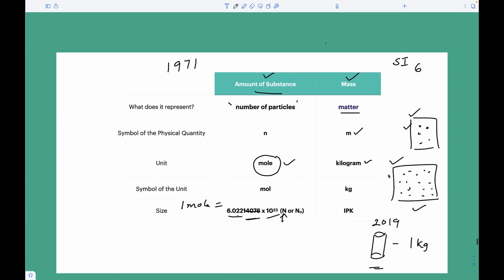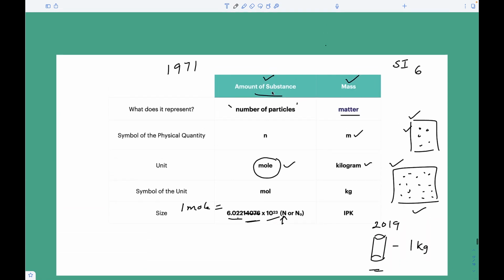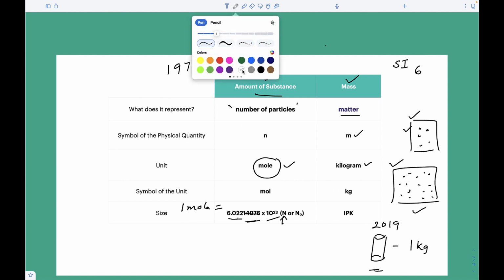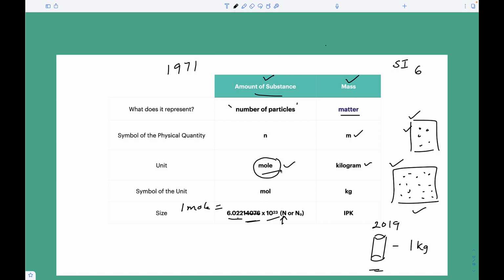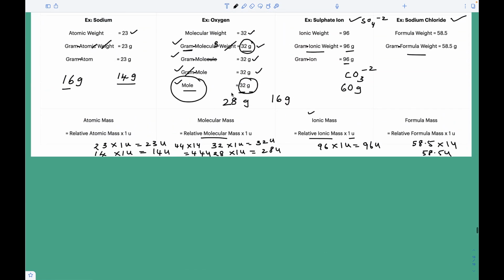Now you understand a little bit about this physical quantity called amount of substance. And I think you also understand why this name mole is so confusing. Before 1971, mole represented a particular amount of mass for a given substance. 1 mole of oxygen was 32 grams of oxygen.